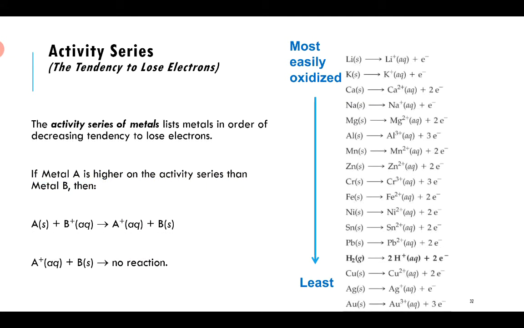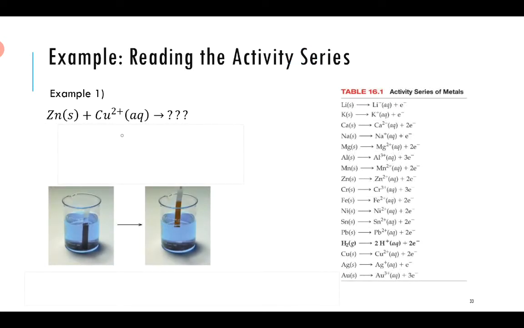Okay, so here's our activity series again, and so I have to find my oxidation half and my reduction half in order to predict spontaneity. I actually wrote this on the previous slide. So let's see how this works out. When you're reading the activity series, you have to look at your problem and find these things on the activity series.